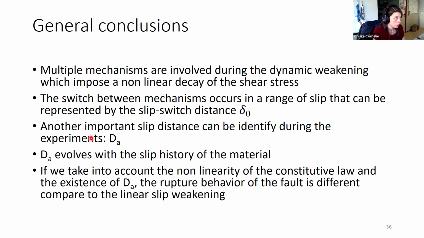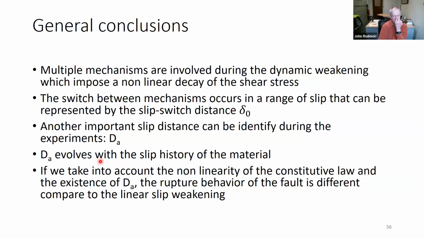We also underline the importance of the dA distance, between the yield stress and the peak stress. We saw that the dA distance evolves with the slip history of the material, especially in the case of gouge material. And finally, we tried to take into account these two features, the nonlinearity of the constitutive law and the existence of dA, in rupture dynamic models, looking at how three of the main features of rupture propagation change due to these parameters.